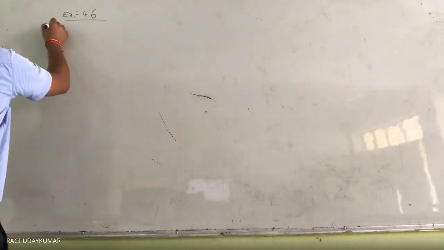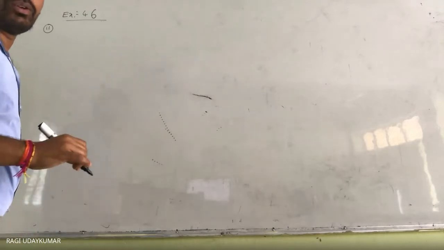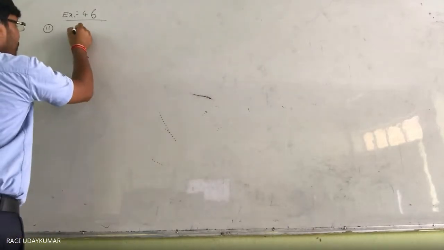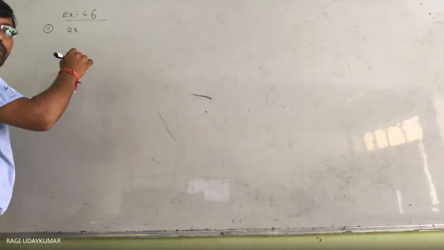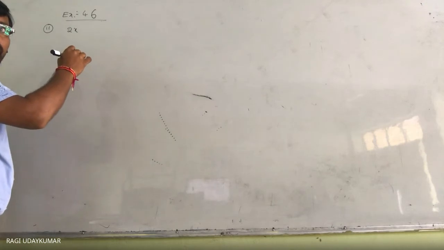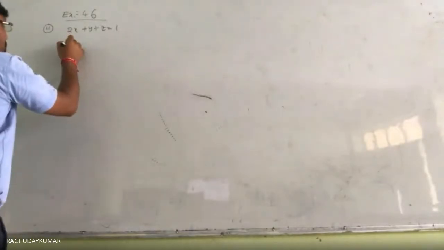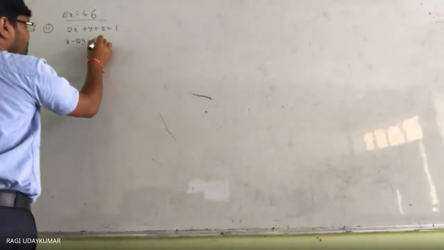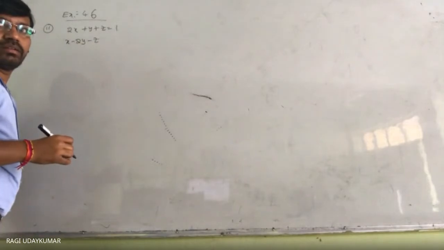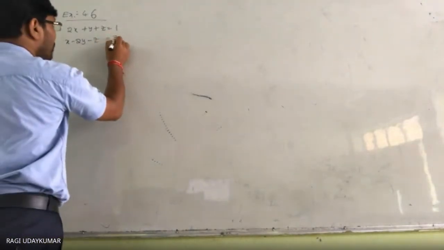The 11th question I am choosing here, because you may get confused with the fraction given to you. 2x plus y plus z is equal to 1. x minus 2y minus z is equal to 3 by 2.